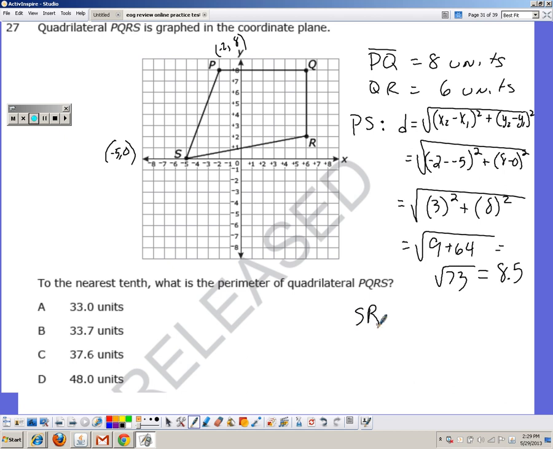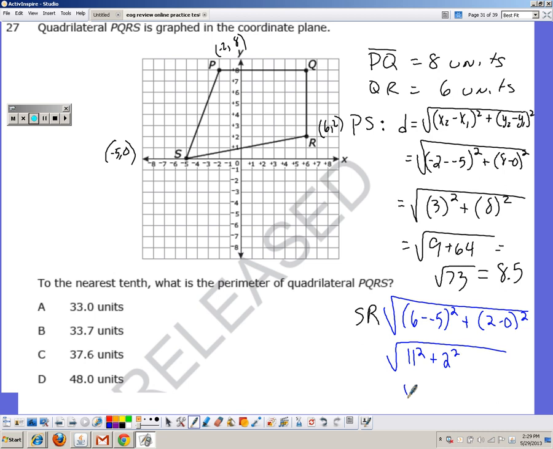We're going to do the same thing for side SR. R is at 6, 2. So I'm going to switch colors here and go ahead and do the plug-in part. So we have 6 minus a -5 squared plus 2 minus 0 squared. So that gives us 11 squared plus 2 squared. 11 squared is 121. 2 squared is 4.